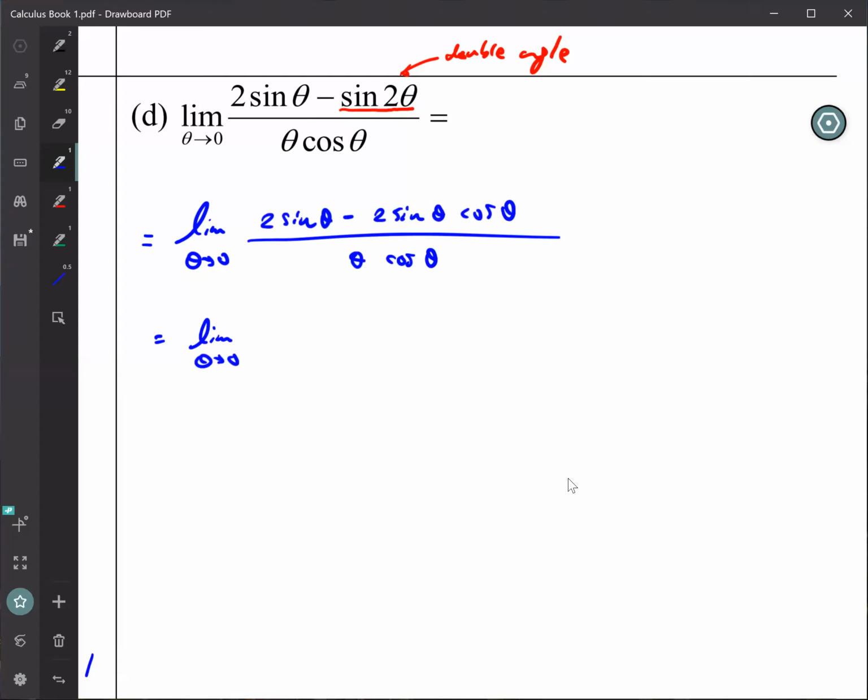The denominator is theta times cosine theta, right? That's right. Yeah, the first move is okay, just apply the identity to sine and cosine.